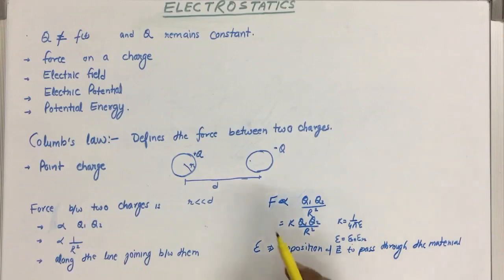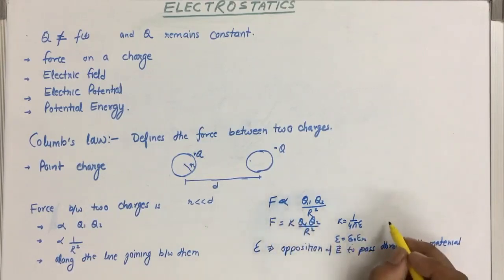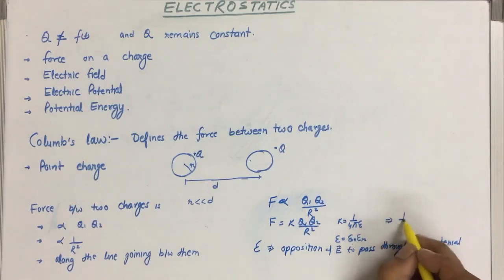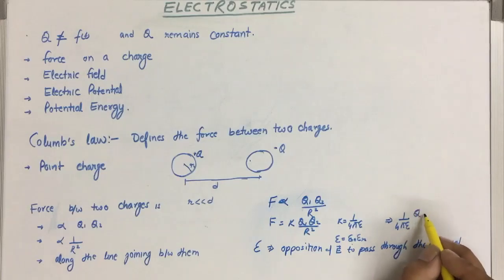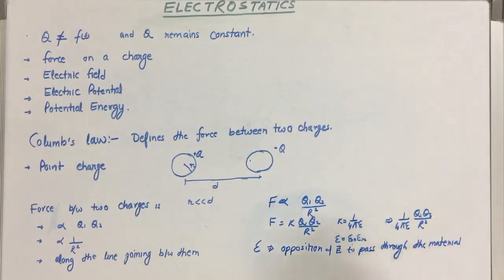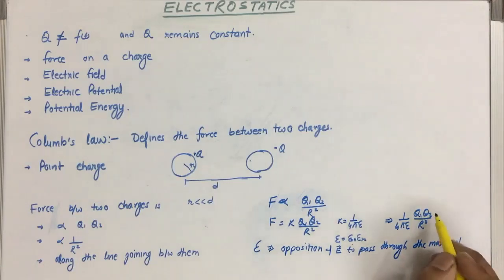So in this way, according to Coulomb's law, force can be written as 1 by 4 pi epsilon, the multiplication between the charges q1 q2 divided by the square of the distance between them, where epsilon is the ability to oppose the electric field to pass through it. What can we find from here?